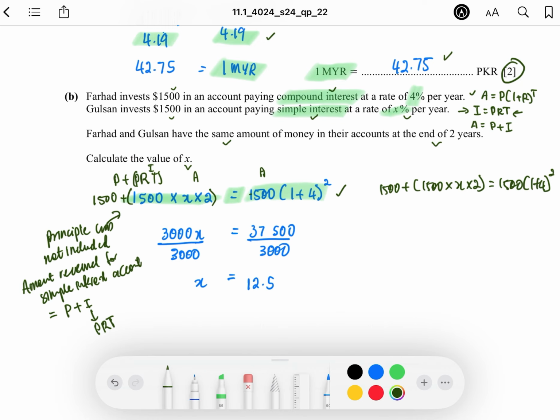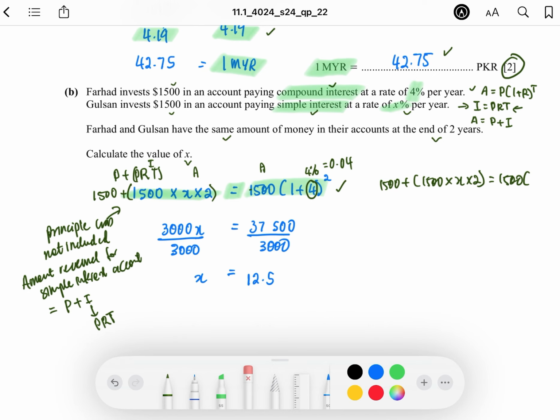Simplifying. Hold on. So this one, this is where the most common mistake is made. This one shouldn't be 4 because it's supposed to be 4%, which is equivalent to 0.04. So rectifying that, that'll be 1 plus 0.04 to the power of 2.